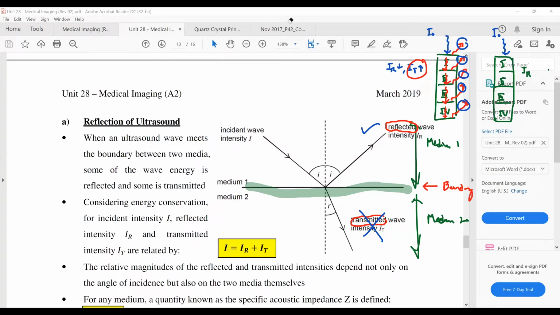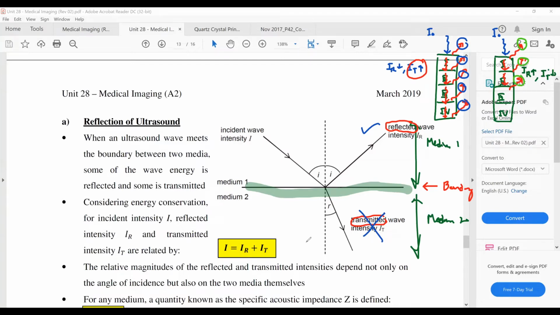So what that would have meant is that you don't have enough that can go all the way in. So you would have reflection here. It probably still is able to pass through the first medium. But after that, because your intensity reflected is very large, you have very little remaining. So it becomes too small. It cannot go into the third and fourth medium. So it just stops here. So you are only able to scan as deep as this.